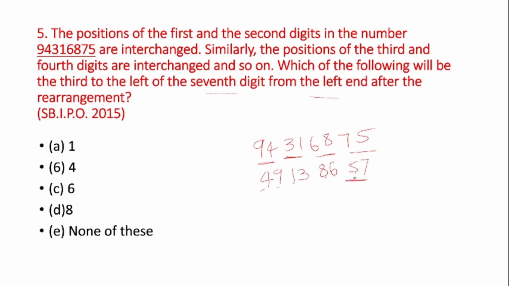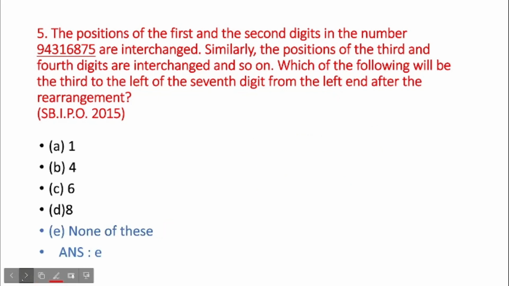So this is the seventh digit from the left hand. Again, third to the left of the seventh digit. So go to the left of the seventh digit: one, two, three. Three would be the answer. Three is not given, so none of these would be the answer.